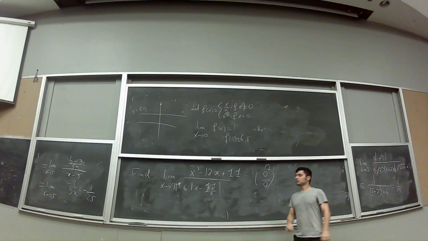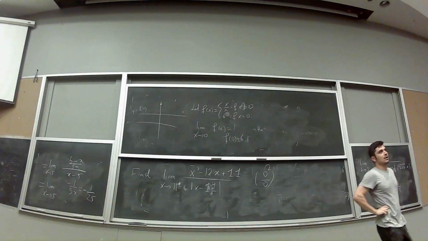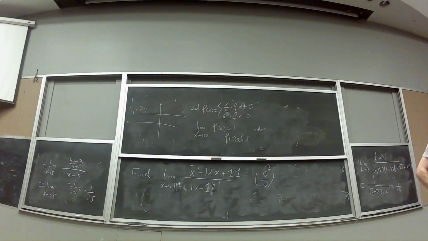But I have to get rid of the absolute value here. Yeah? Exactly. So if x is approaching 11 from the right, what can I say about x? Is it strictly bigger than 11 or smaller than 11?